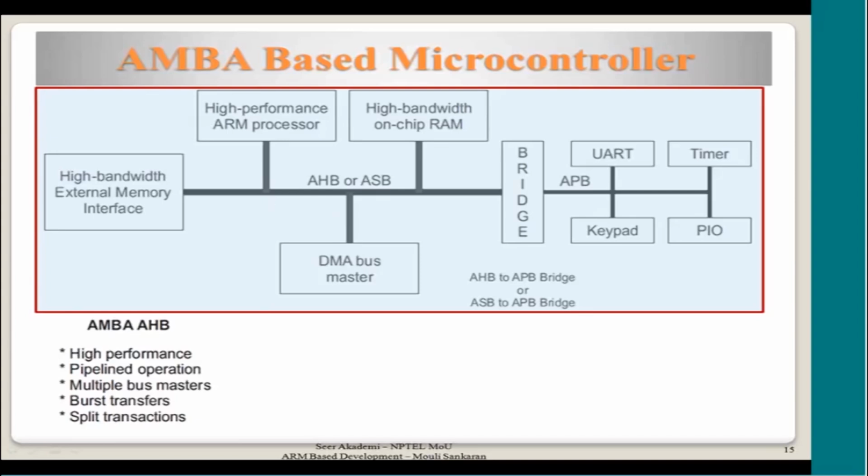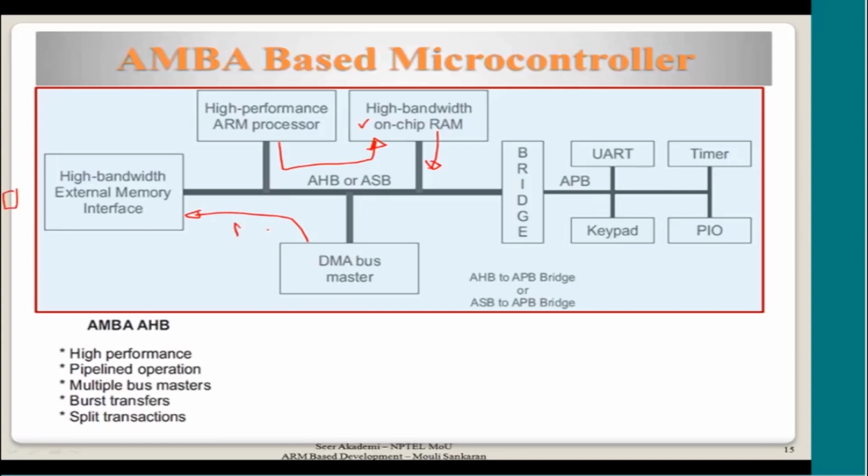For example, suppose ARM wants to write to or read from this memory. It will take some time for it to respond with the data. By that time, maybe DMA can initiate some transaction with this external bus.